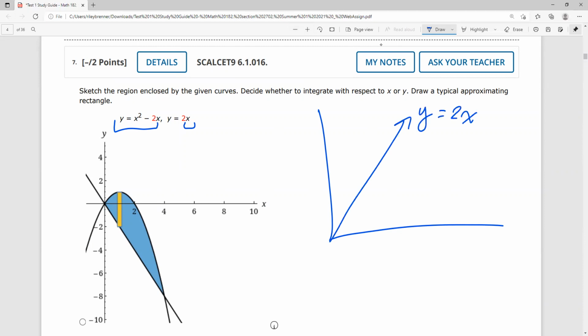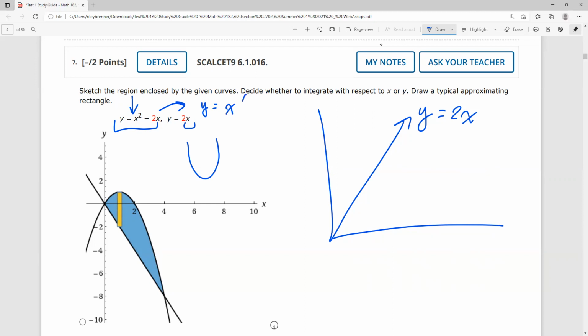Now this right here is a parabola. And real quick, is the parabola pointing upwards or downwards? Upwards, right? Because the number in front of the x squared is positive. So we have an upward shaped parabola. And now the bigger question is, where can we reference it? Well, little trick here. We don't have a plus c, so we can actually rewrite this as y equals x squared minus 2x.